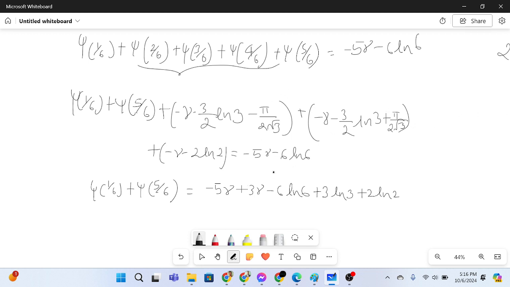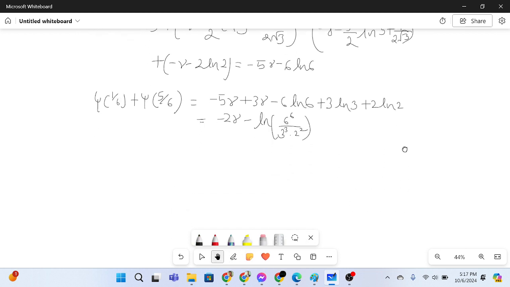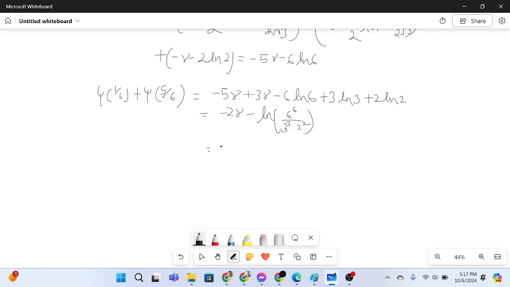Okay, looks fine. Now this will be equal to minus 2 times the Euler-Mascheroni constant, and for this one this will be minus ln of 6 to the power 6 by 3 to the power 3 times 2 to the power 2, right? So that will be minus 2 times the Euler-Mascheroni constant minus ln of, it's 3 to the power 6 times 2 to the power 6, right?